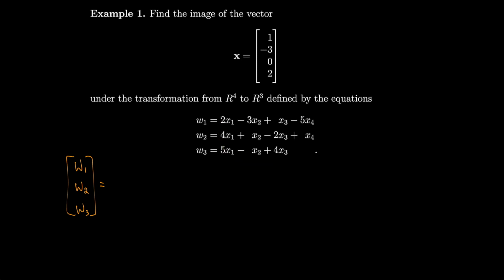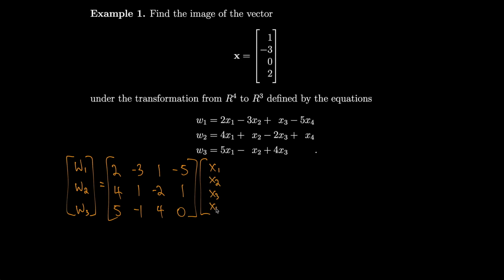So reading off those coefficients, we've got 2, minus 3, 1, minus 5, 4, 1, minus 2, 1, 5, minus 1, 4, 0, and we will multiply that by x1, x2, x3, and x4. This is the same thing as writing the vector w equals A times the vector x.